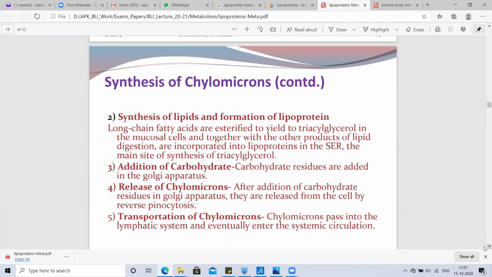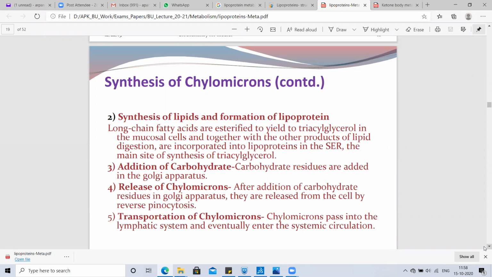Sometimes it is seen that some apolipoproteins have an additional carbohydrate functional moiety. Where does it come from? After synthesis, when these lipoproteins or proteins are transported to the Golgi complex, carbohydrate residues are added, and these added carbohydrate residues help in the release of these lipoproteins through the process of reverse pinocytosis.